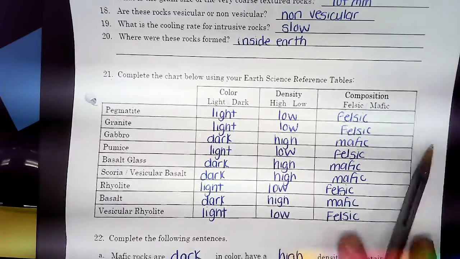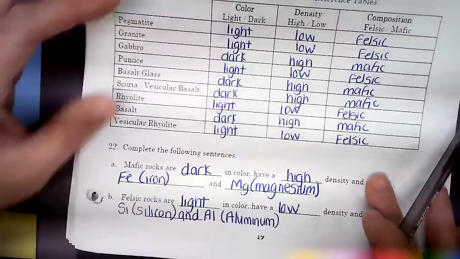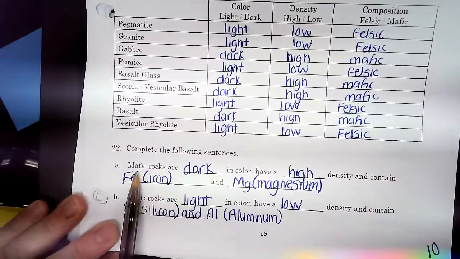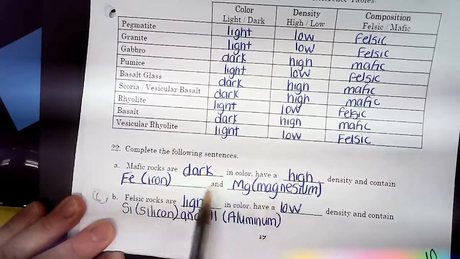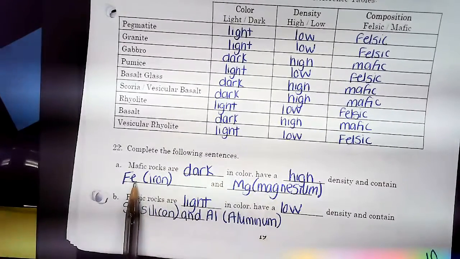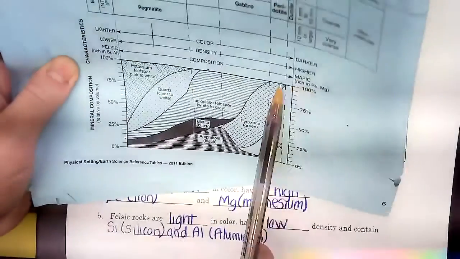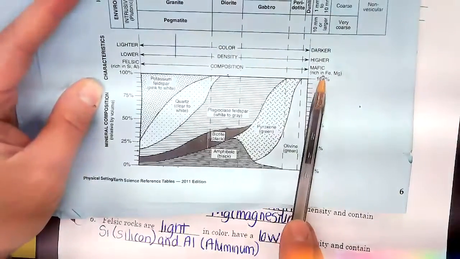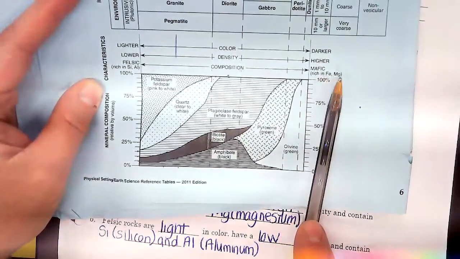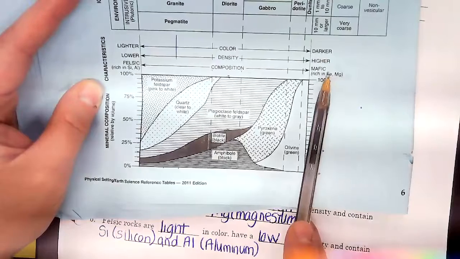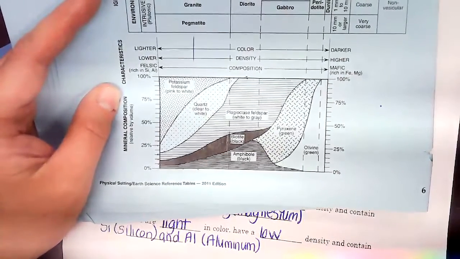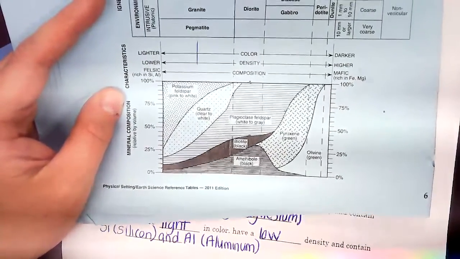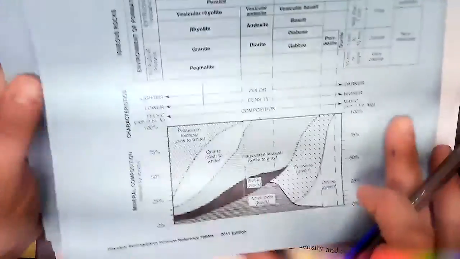Then again, you should have been able to see the pattern. All the rocks that are mafic are dark in color, have a high density, and it means they're rich in iron and magnesium. Again, nothing you had to memorize. Fe and Mg. Where do you find the names for those? Do you have to memorize them, first of all? There's actually two spots.